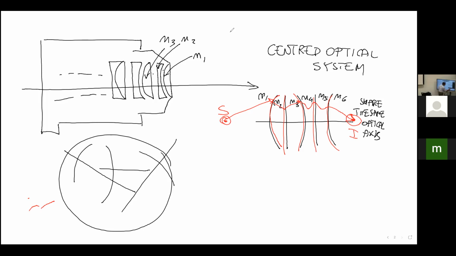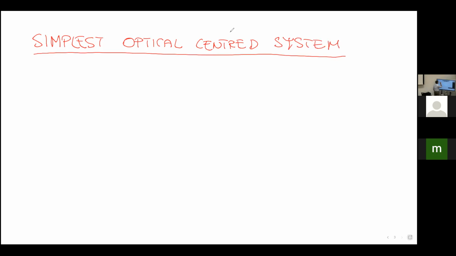Now, what is the simplest optical system that you can think of? The simplest optical centered system, and we use it just as an example.